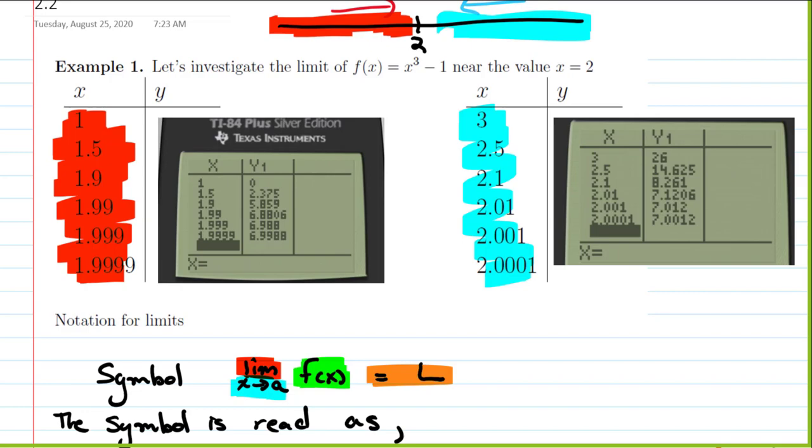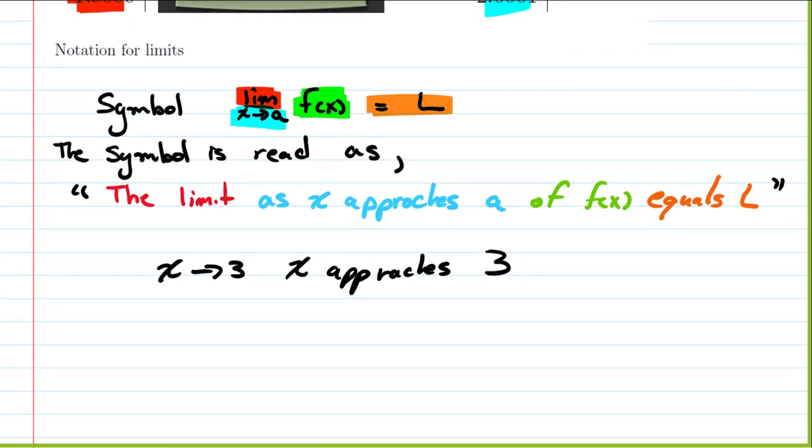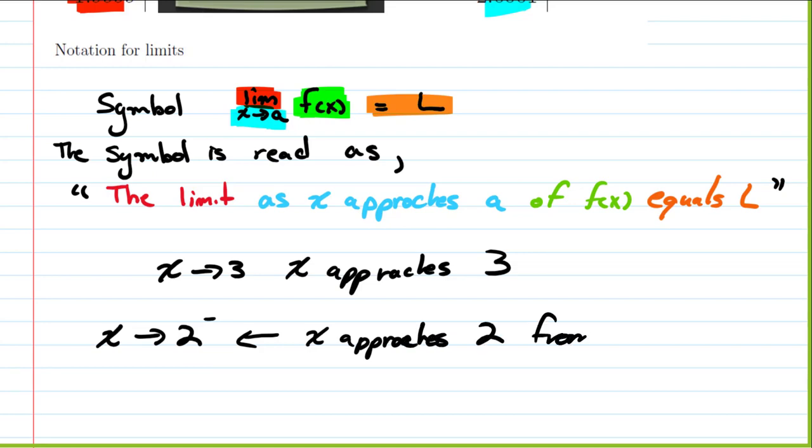So we have some notation for this as well. The symbol x approaches 2, and if I put a little minus sign where an exponent would normally go, this tells us x approaches 2 from the left.